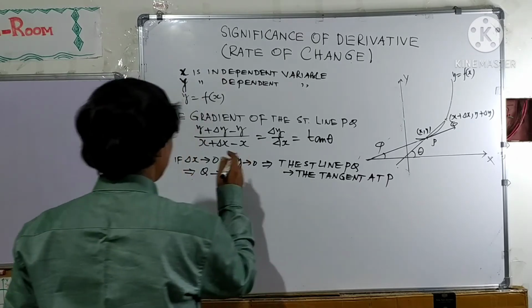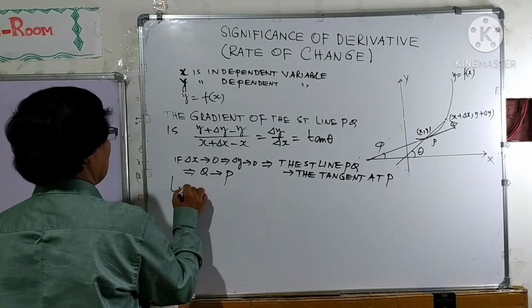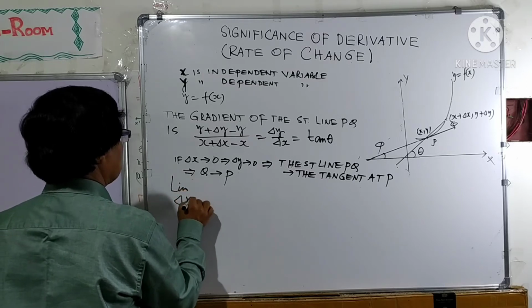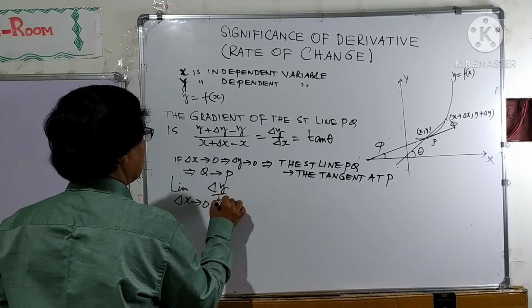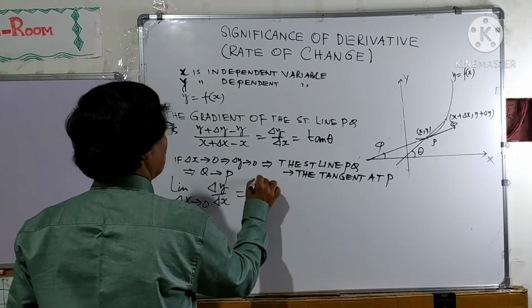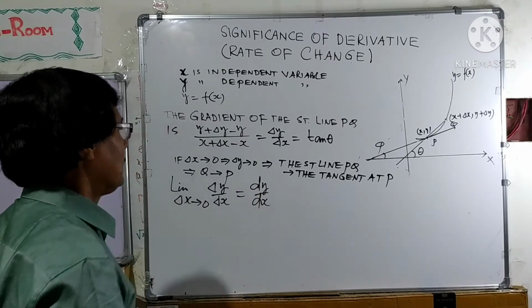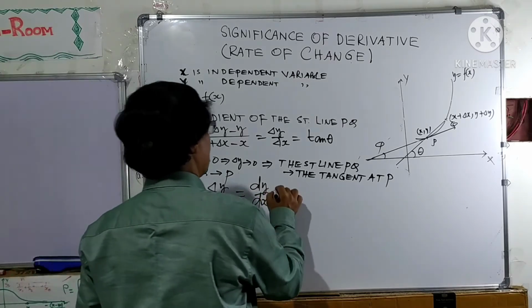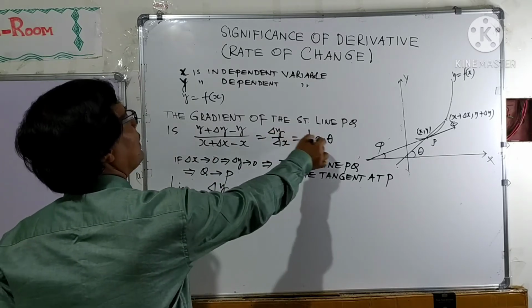Then we can say the limit as del x tends to 0 of del y over del x, which is called dy dx, is equal to tan theta.